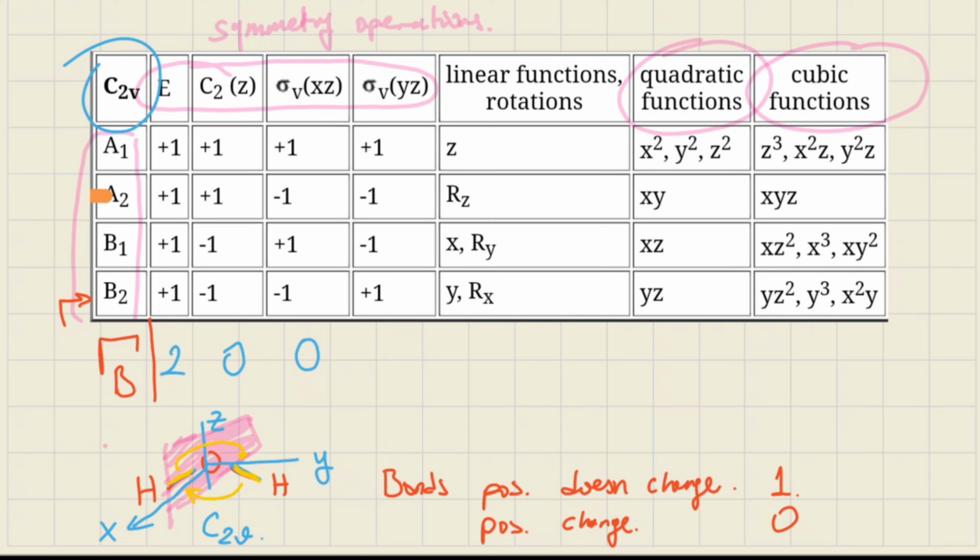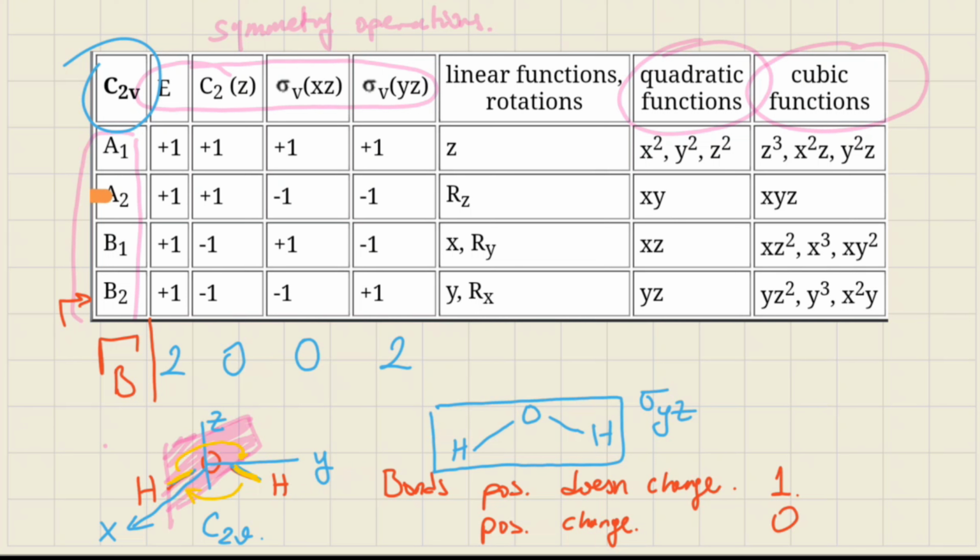But if I apply the yz plane, it includes all of the water molecule, since this will be the sigma yz plane, and the representation will be 2, 0, 0, 2.